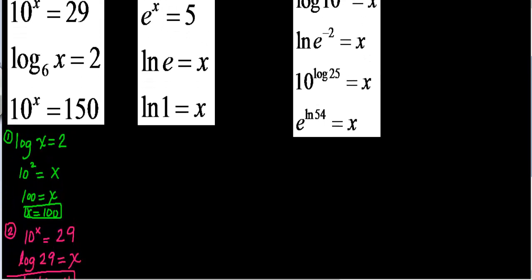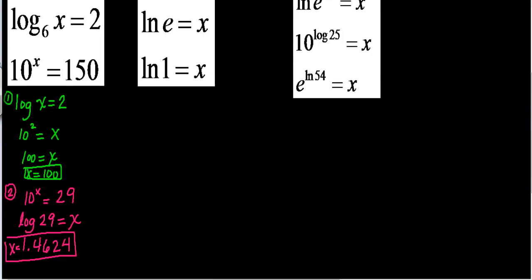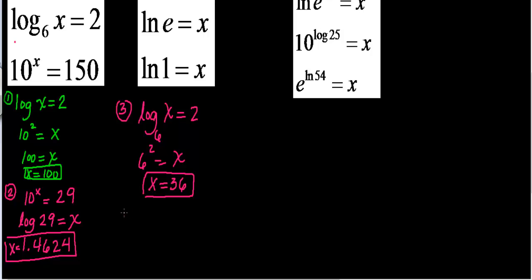So we did that with our calculator. Our third one is this one. Number 3. It says log base 6 of x equals 2. I'm going to rewrite it as an exponential. 6 to the second power equals x, so I know x is equal to 36 because 6 squared is 36. Okay? And number 4 for that first column is 10 to the x equals 150.